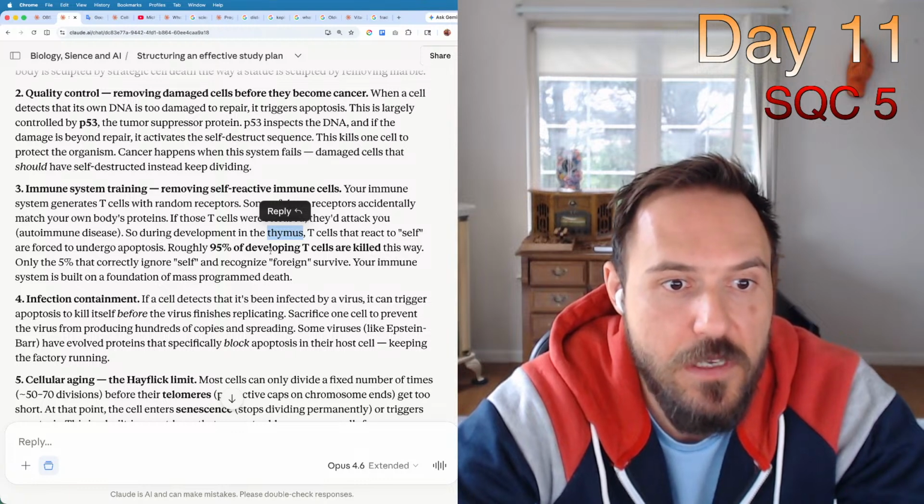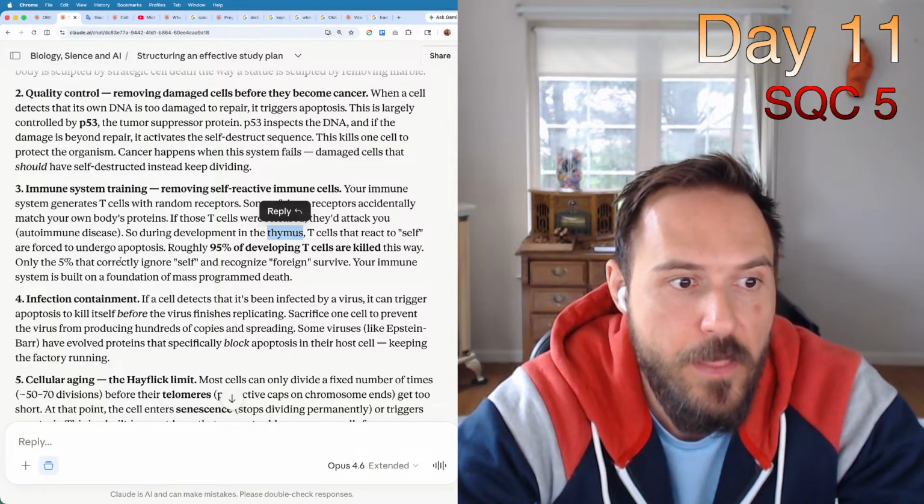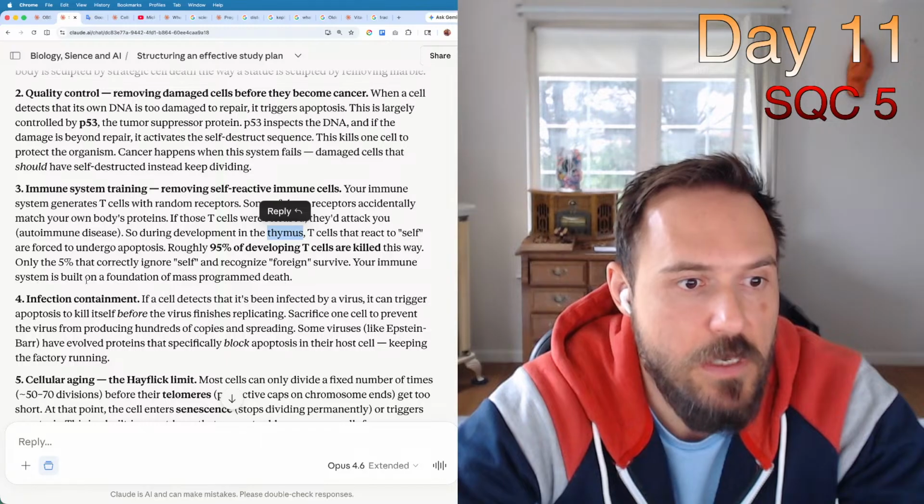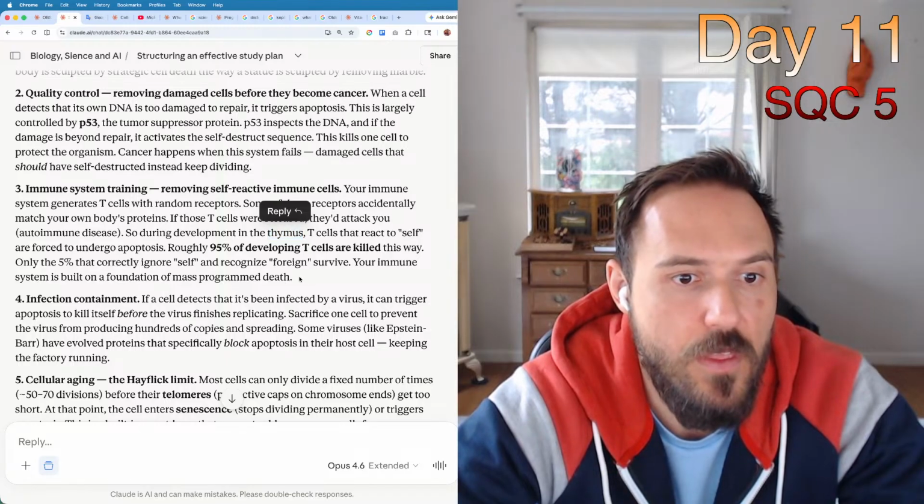Roughly 95% of developing T cells are killed this way. Only the 5% that correctly ignore self and recognize foreign invaders survive. Your immune system is built on the foundation of mass programmed death.